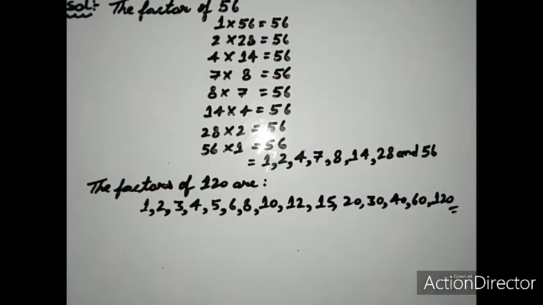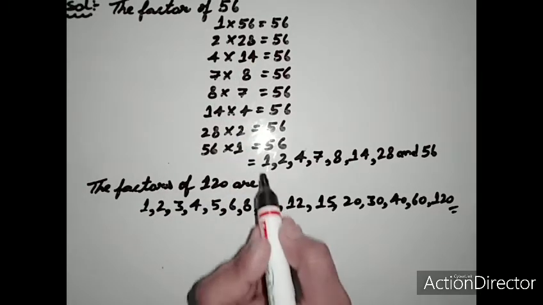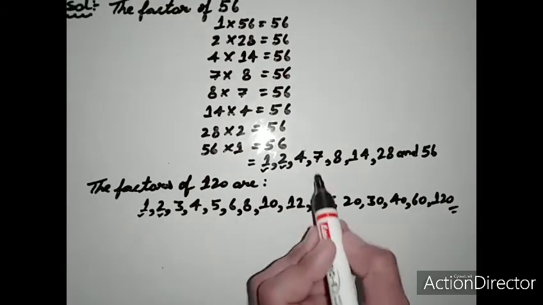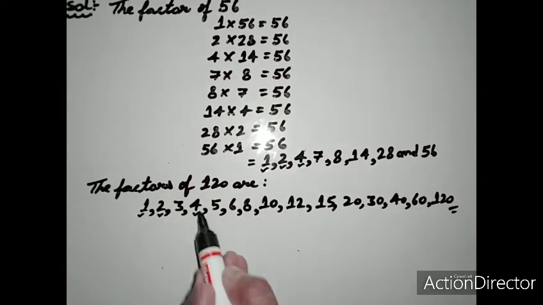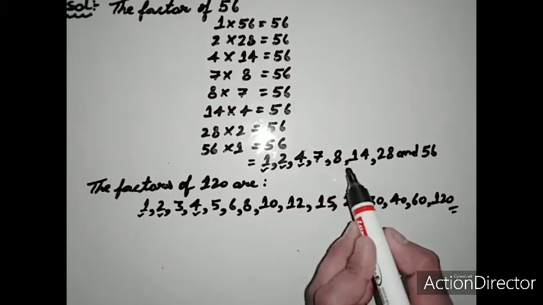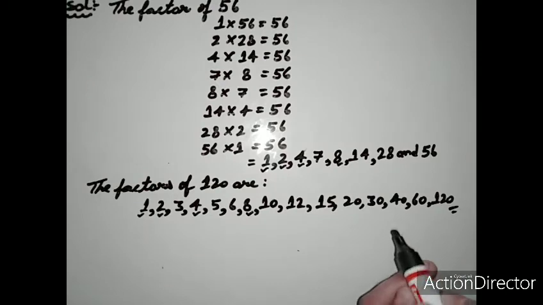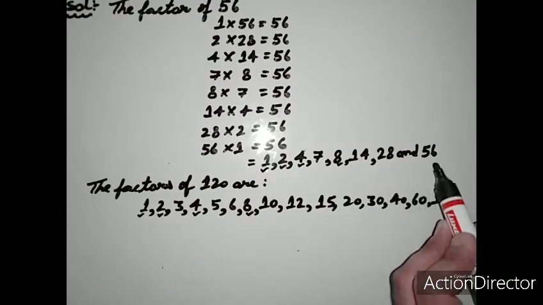Now we find the common factors of 56 and 120. So 1 is common here, then 2 is common, then 4 is common, then 8 is common, then 14? No. 28? No. 56?